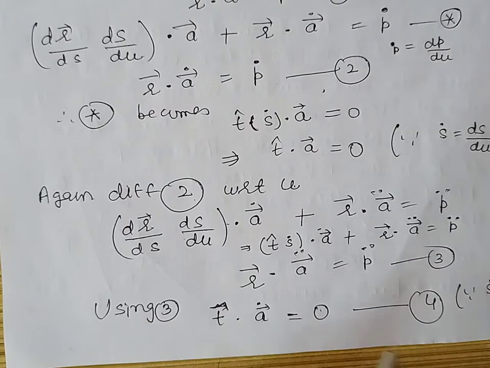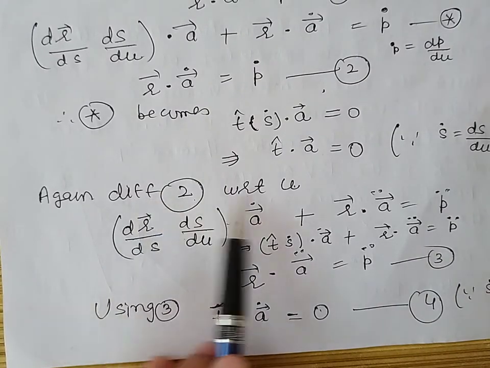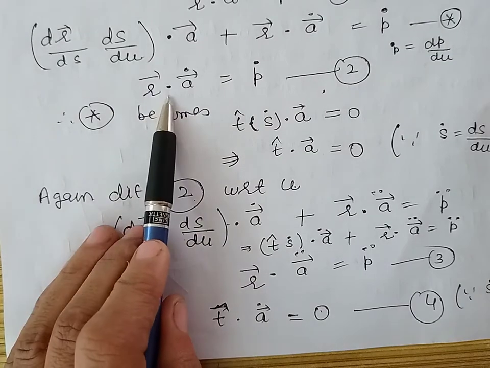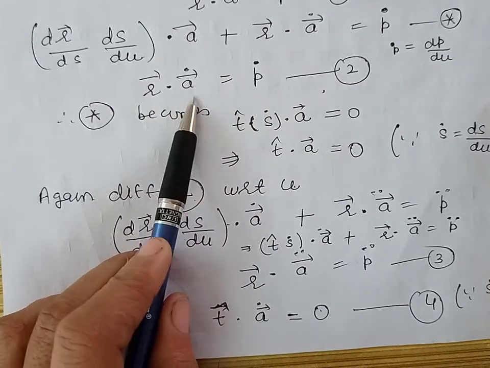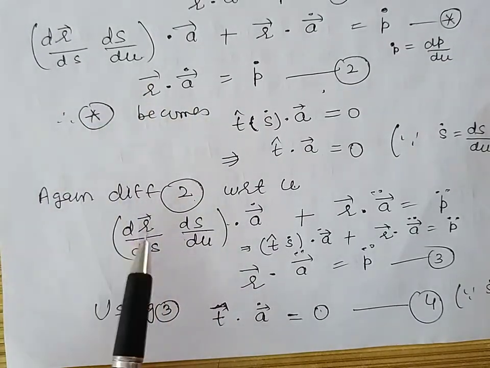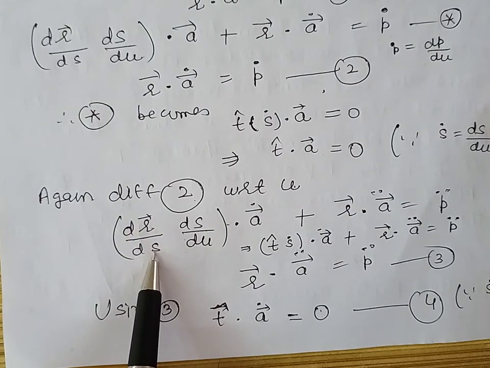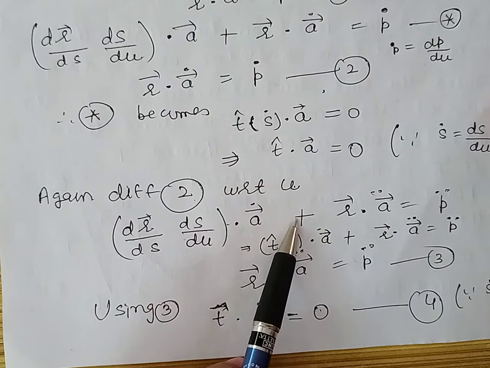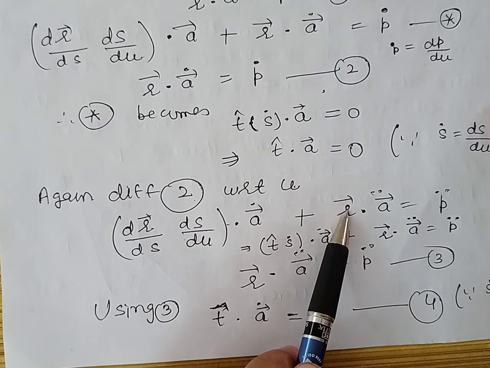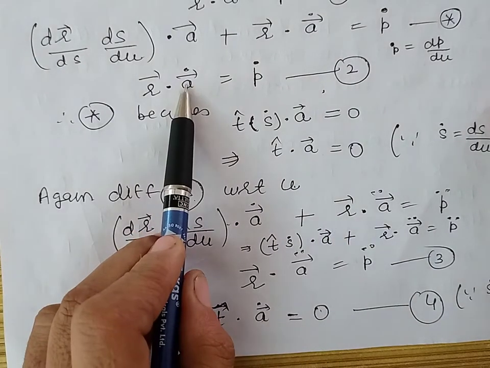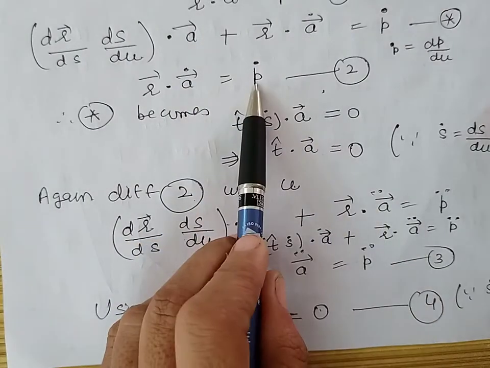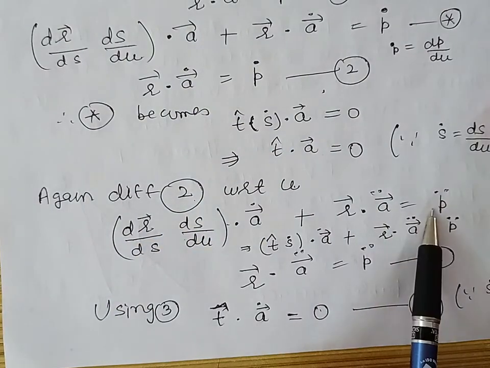Now let us differentiate equation 2 with respect to u. Using the product rule, the derivative of vector r, that is dr by ds into ds by du, this vector as it is, plus the vector r as it is, the derivative of a dot, that is a double dot, and the derivative of p dot, that is p double dot.